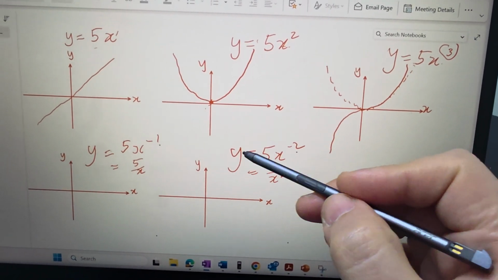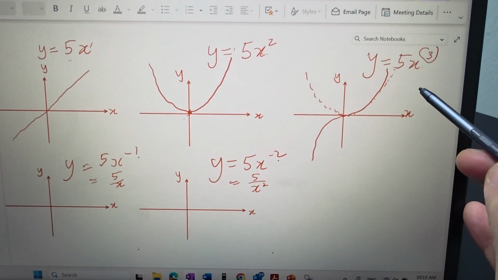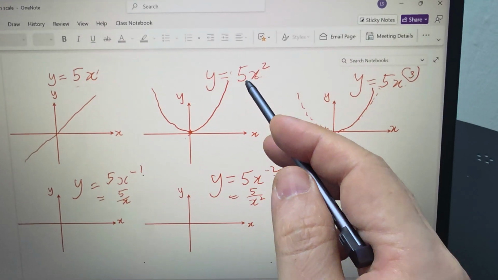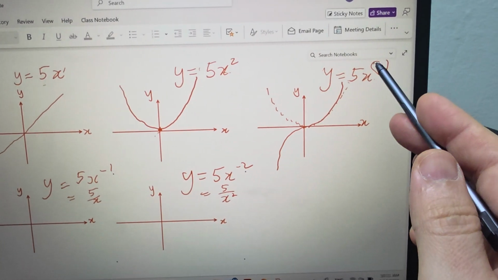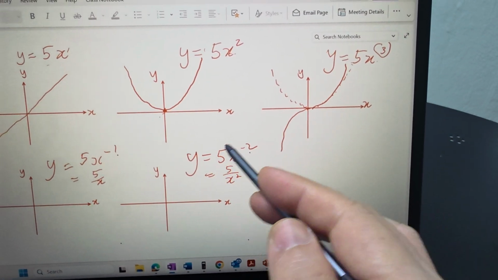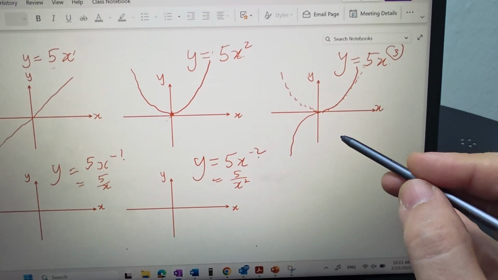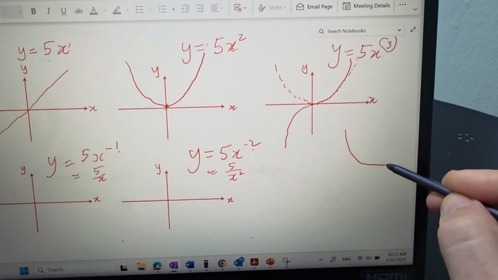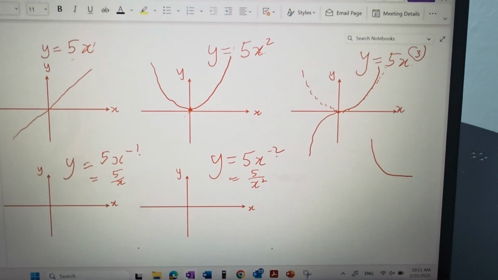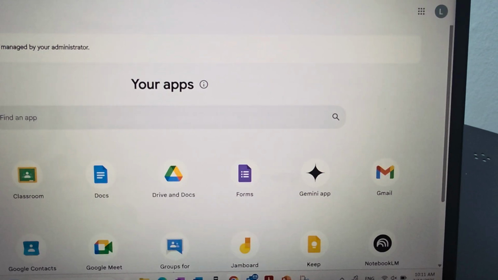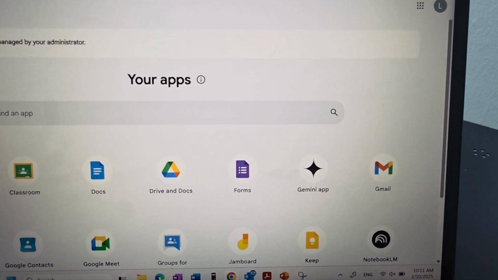Now how does this graph look? Just now we did it this way: I did power 1, power 2, power 3, then I went back. Can you think of it as a boomerang? A boomerang looks like that. You can go and Google boomerang.